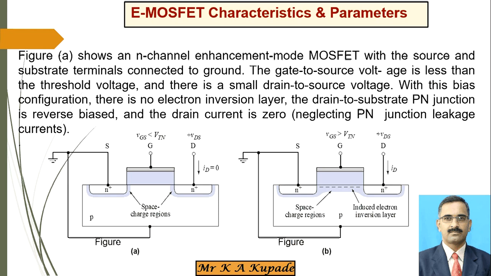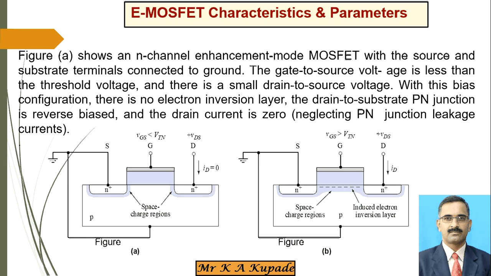Now, when the gate to source voltage is greater than the threshold voltage VTN, right? If you understand this characteristic very well, you have to consider this. Whenever the gate to source voltage is greater than VTN, that means the threshold voltage, at that time the space region has the inversion layer created.